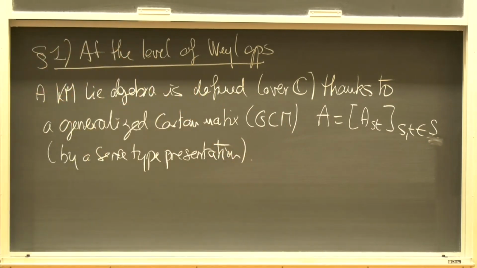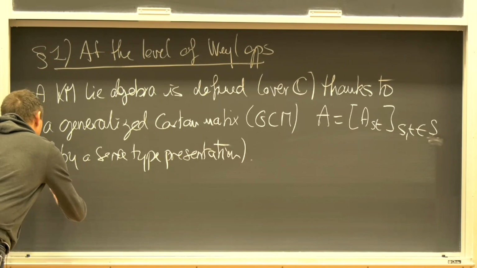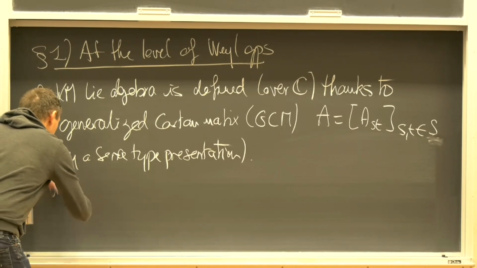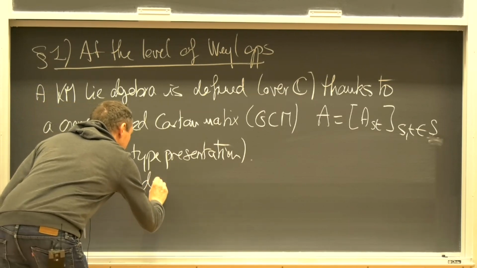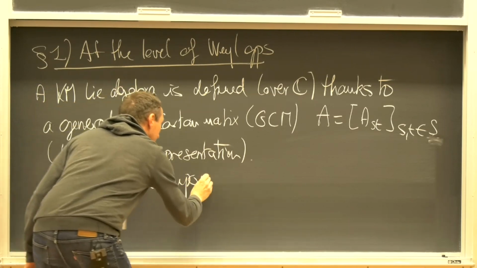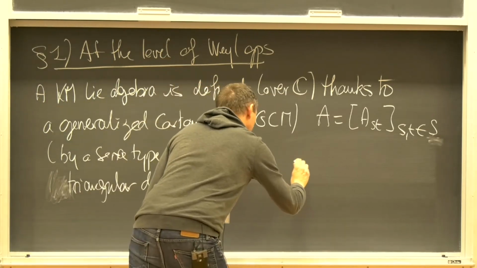Okay, and the point is that the resulting Kac-Moody Lie algebra belongs to the more general class of Lie algebras with triangular decomposition, which is the name of the book written by Arturo and Bob.